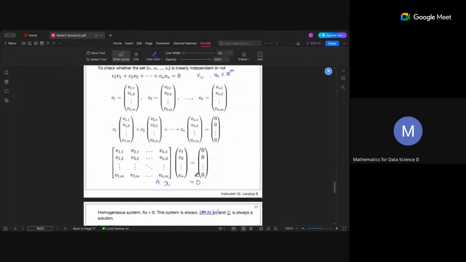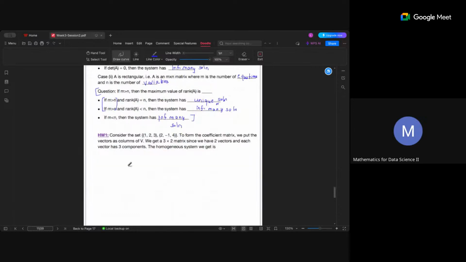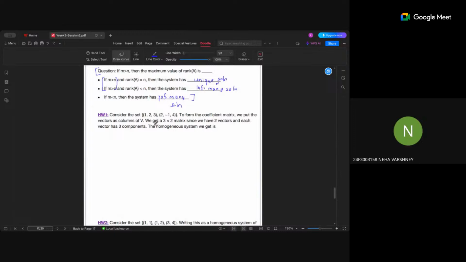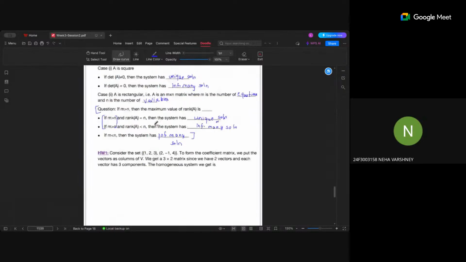Right? Okay. So I have given two homework questions here. Ma'am, please explain the third bullet. This one? Yes, ma'am. See, I have already explained it. I explained it with a 2 by 3 matrix. Suppose you are having a 2 by 3 matrix.